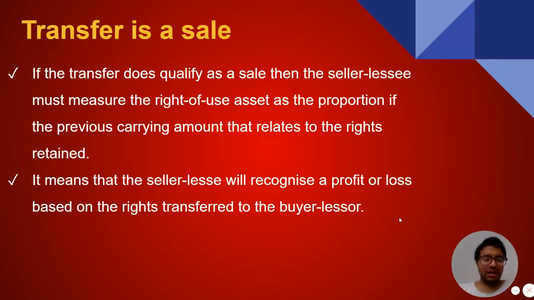How much right is retained by us will be kept within our books, and how much we have sold will be in the buyer's books. We will also recognize a profit or loss on whatever assets we have transferred, but remember you need to account for this as a proportion of the previous carrying amount that relates to the rights retained.